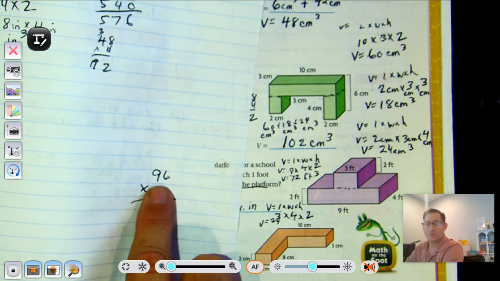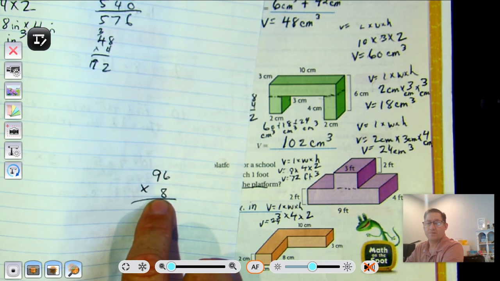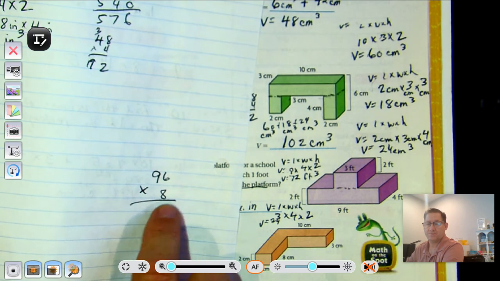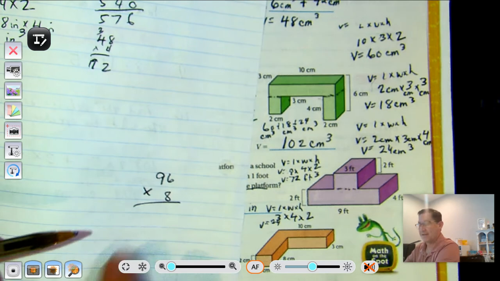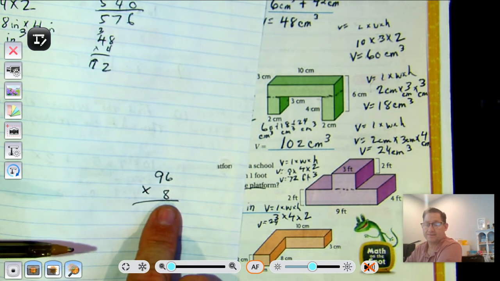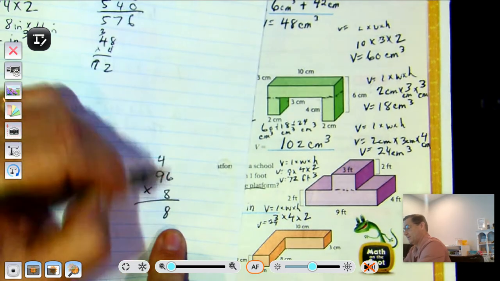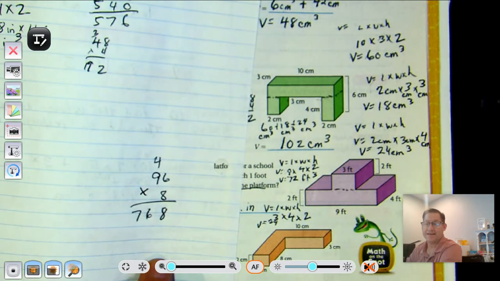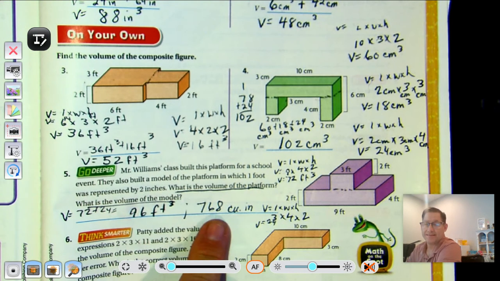Okay, so this was our total volume, and we need to convert 1 foot to 2 inches. But that's cubic feet into cubic inches. So if we multiply by 8, we get 768. Okay, so we could have multiplied by a factor of 8.